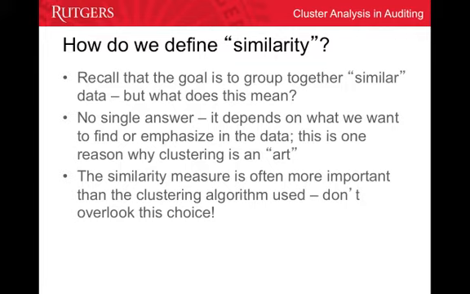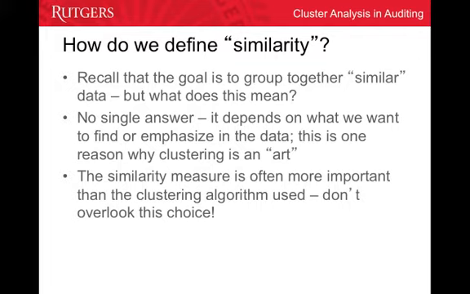So the first thing we need to consider is what is similar? What makes the data similar? There is not a single answer for this question. It depends on what we want to find, and it's very related to the data.